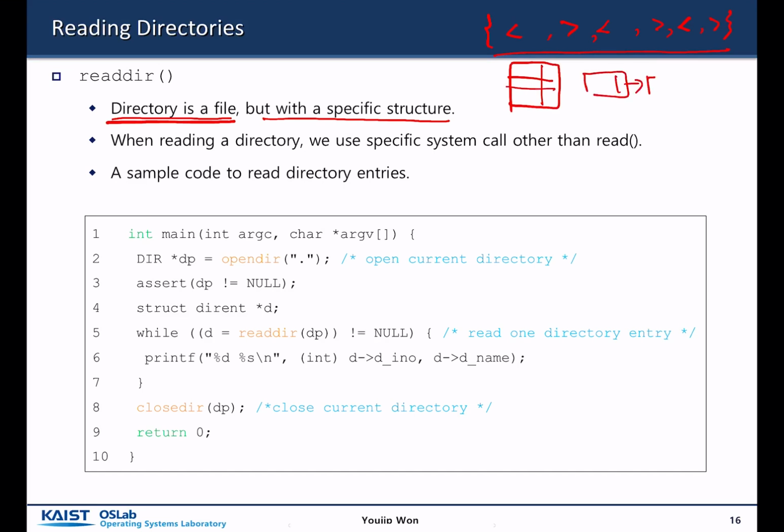There are many ways to organize these pairs: a linked list, or you can organize those pairs of values as a search tree, like a B plus tree.